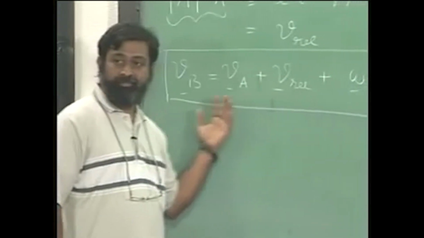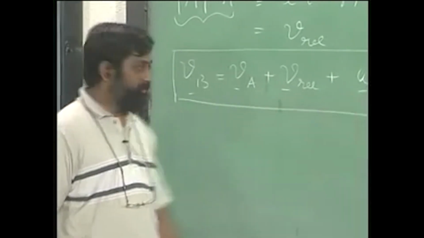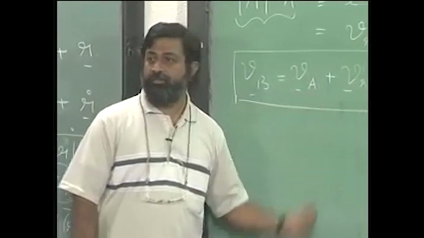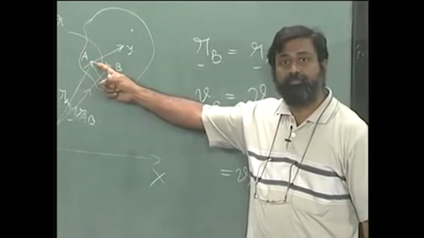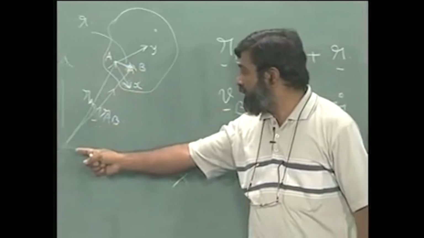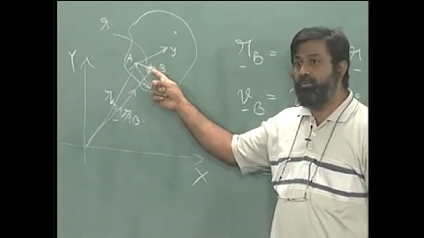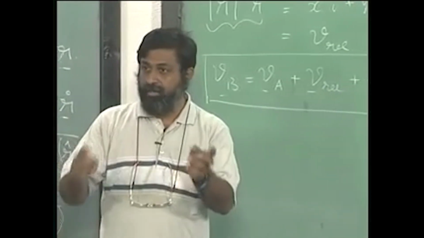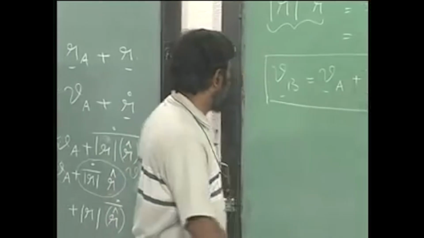Okay. Now I seek to find out accelerations, acceleration of B, and I want to relate through acceleration of A, right. Acceleration of B I want to know given acceleration of A, okay, and the rigid body movement. Okay.